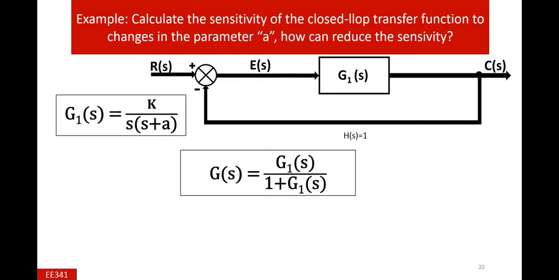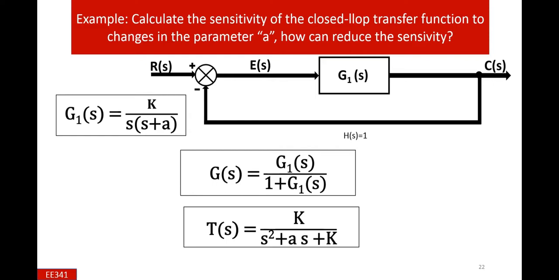In this case H(s) equals 1, and if we substitute the open loop transfer function, we find the closed loop transfer function, represented by capital T. It is equal to k by s square plus as plus k, where k may be some gain parameter and a is the coefficient, and this is the parameter whose effect on the system we want to describe.